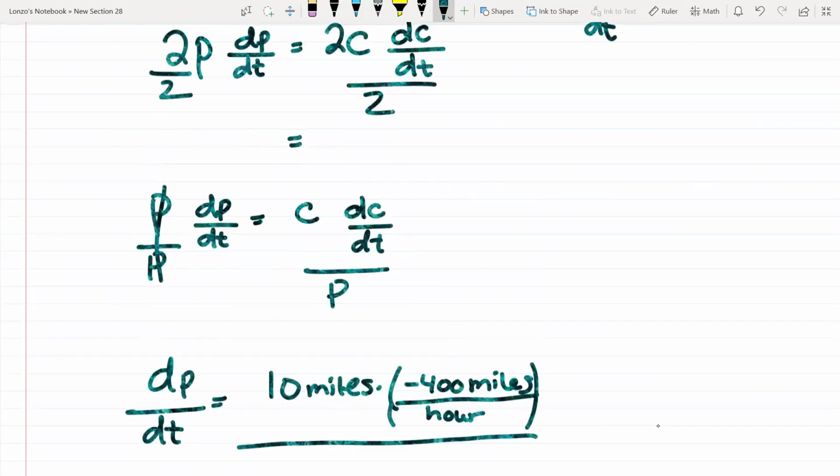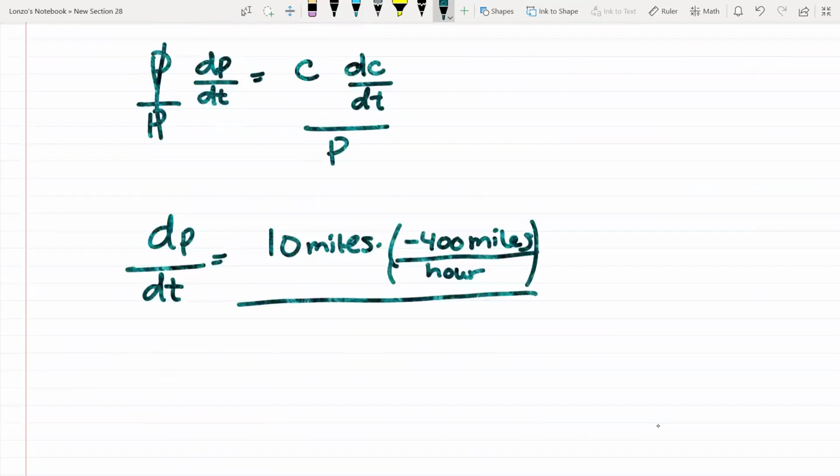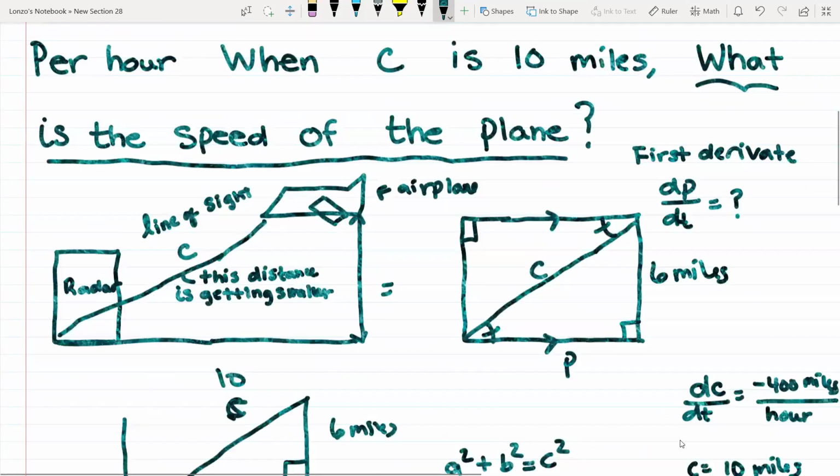Okay, so you replace p with positive 8. So this would be 10 times negative 400, which is negative 4,000. I'm trying to think, what is my unit for p?